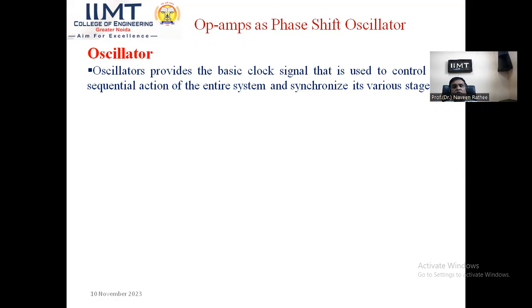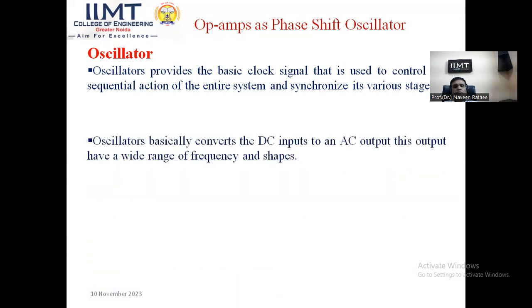If that frequency is varied, the output of any hardware can lead or lag, and the desired output which we are expecting will not be obtained. Oscillators are such circuits which provide a clock signal where all the hardware circuitry will work on the same clock signal in a synchronized manner, right?